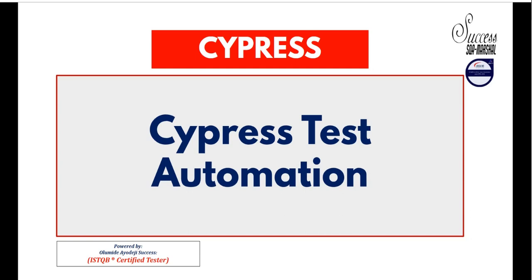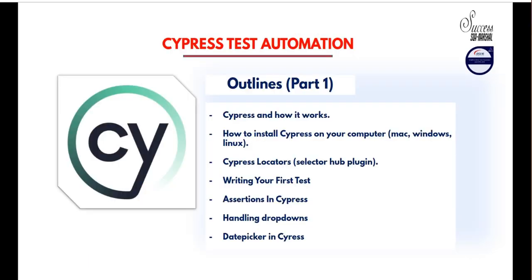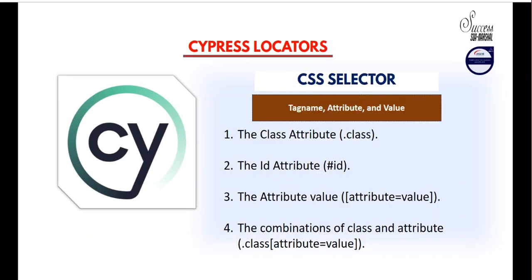So today I'm going to be looking at Cypress test automation CSS selector in Cypress, that is Cypress locators. In Cypress, we have a number of ways through which you can locate web elements when you are automating your application.